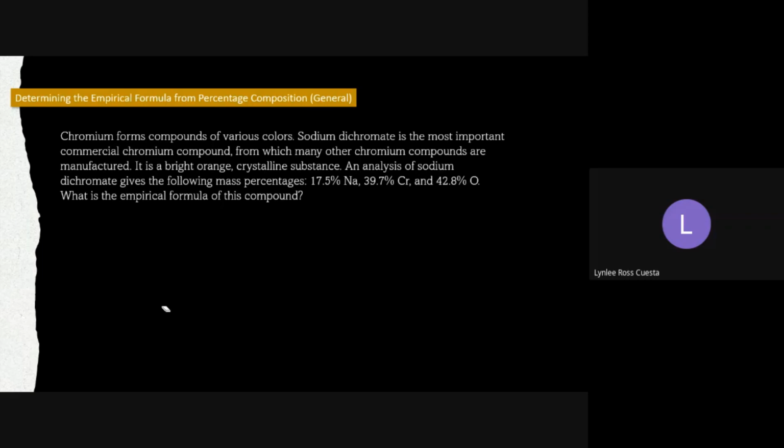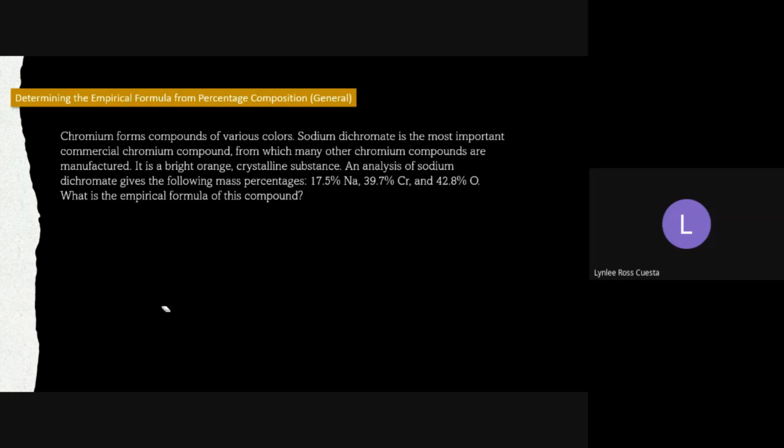It is a bright orange crystalline substance. An analysis of sodium dichromate gives the following mass percentages: sodium is 17.5%, chromium is 39.7%, and oxygen is 42.8%. Now the question is, what is the empirical formula of this compound?